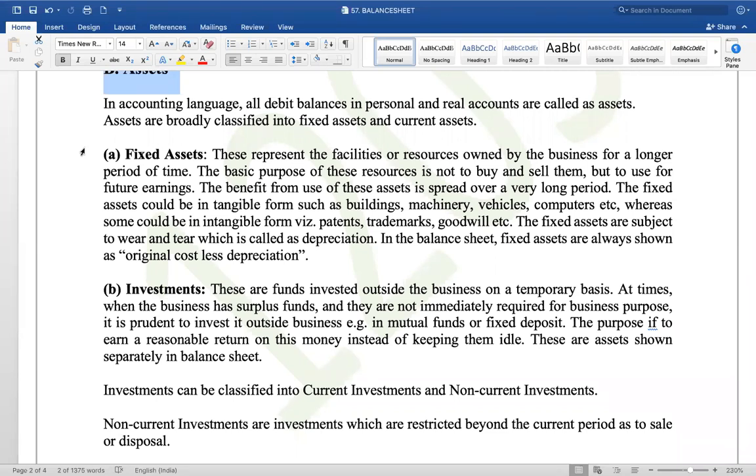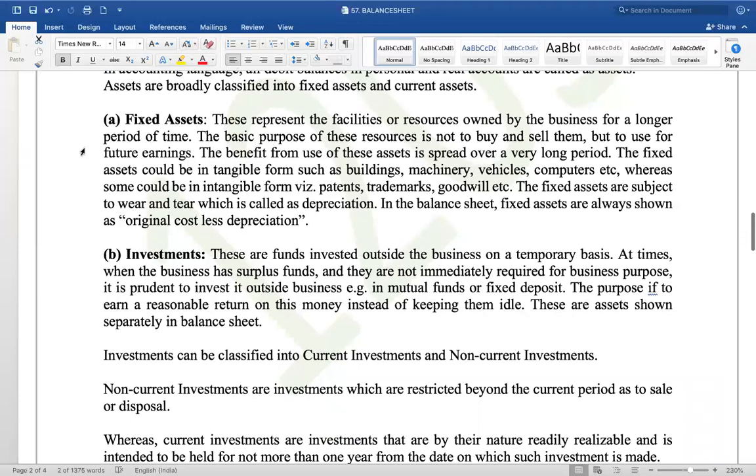That's a short-term asset, but that generates some income. These are the items which generate income in the organization. So in accounting language, all debit balances in personal and real accounts are called assets. Assets are broadly divided into two: fixed assets and current assets.